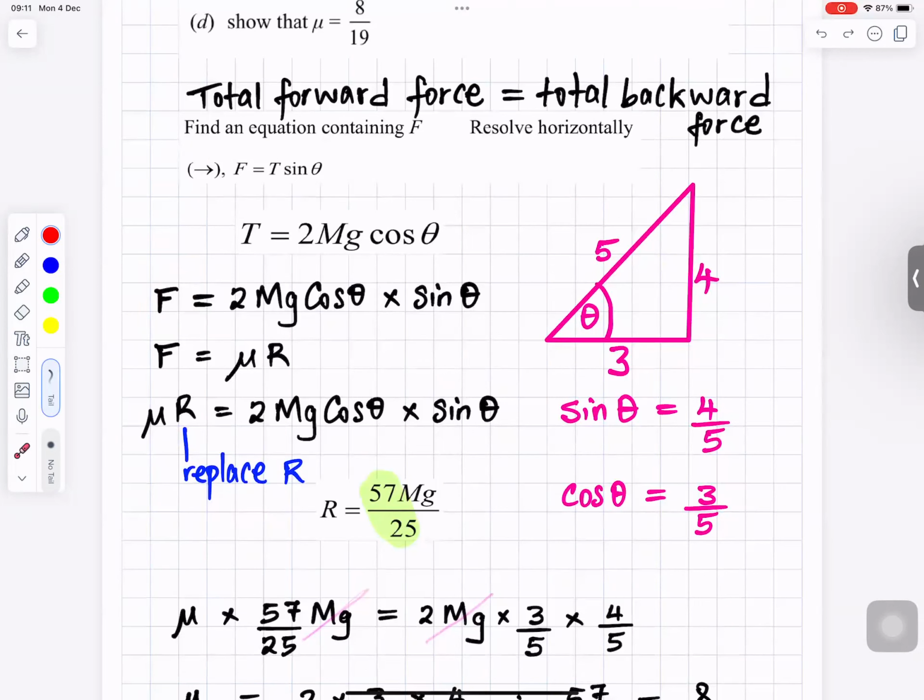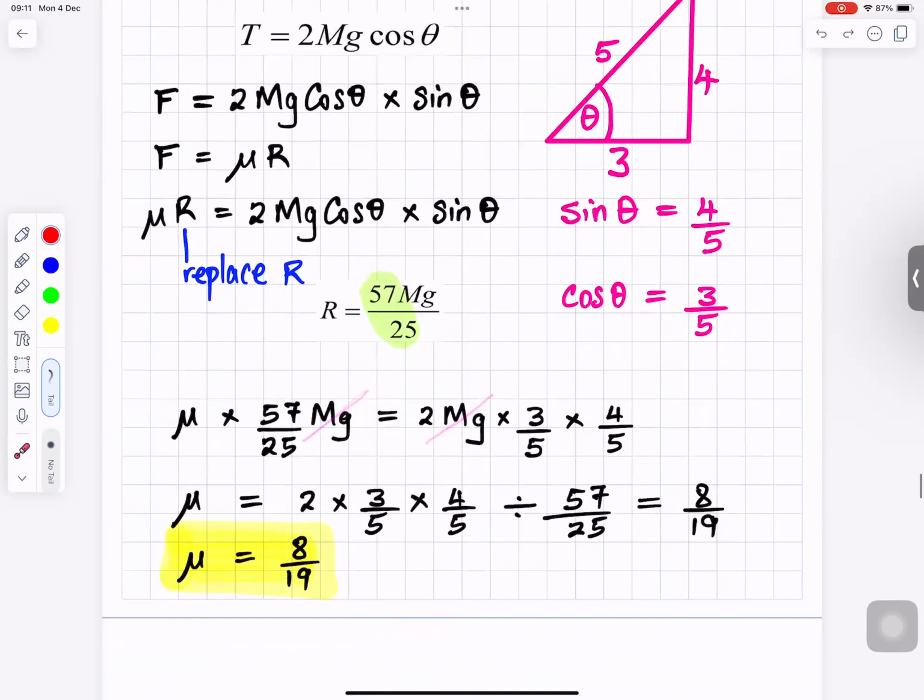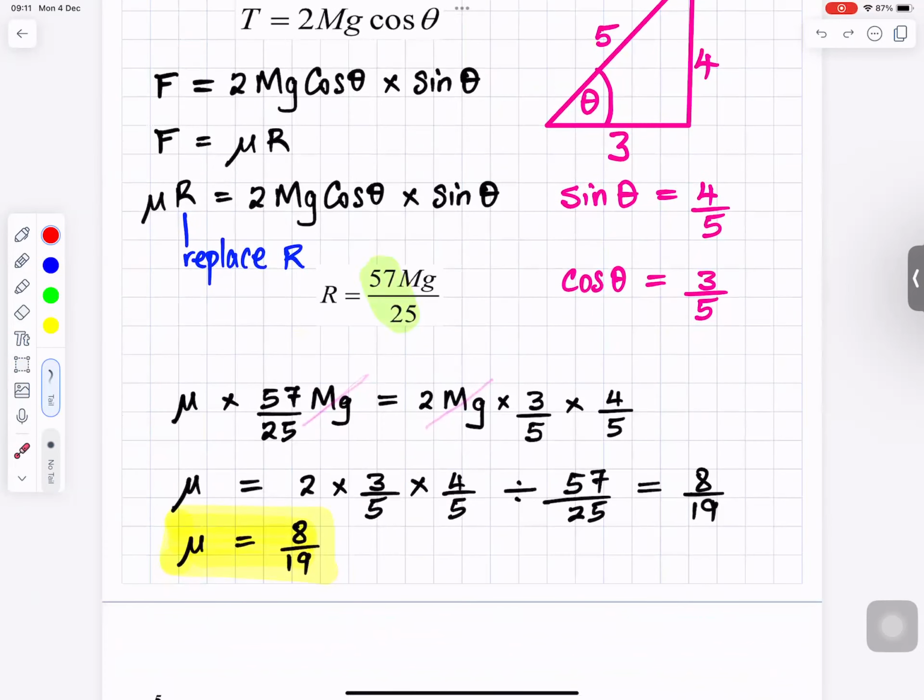So when you replace F with mu R and rearrange it, of course cos theta and sine theta we got from those triangles there. When you rearrange it, you get R to be that. So your mu times R, replacing R with that expression, is equal to 2mg times the cos, which is 3 over 5, times the sine, which is 4 over 5.